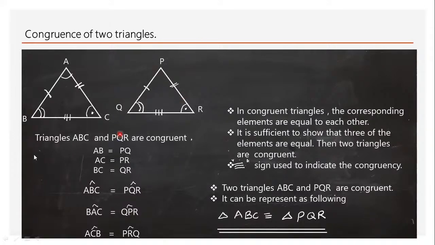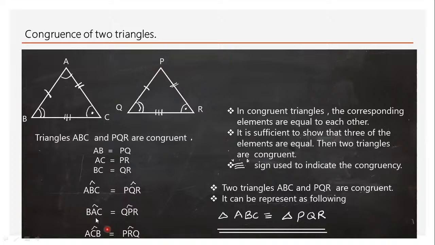Then ABC angle, 2 rings here, equals PQR, here also 2 rings, right? And the BAC angle, one angle, and this one, QRP angle, right? This angle and this angle equal.